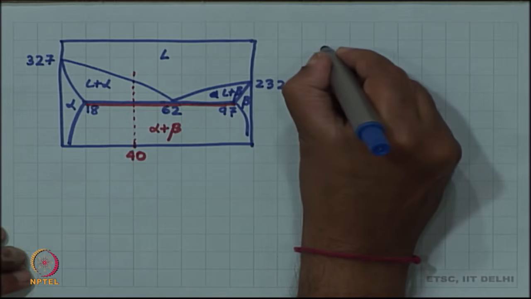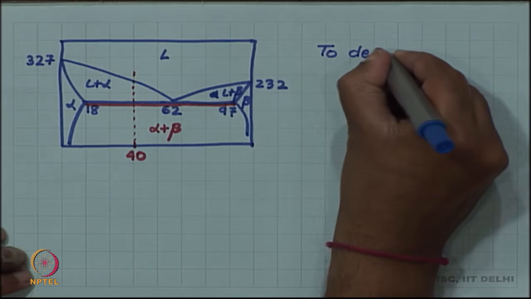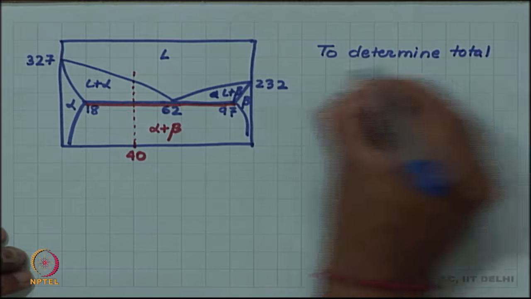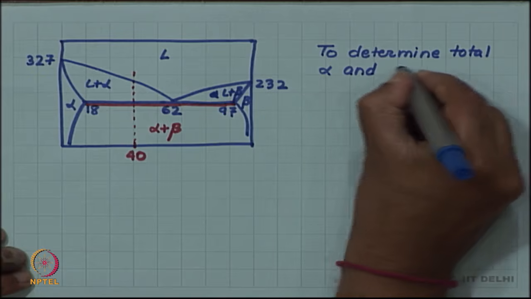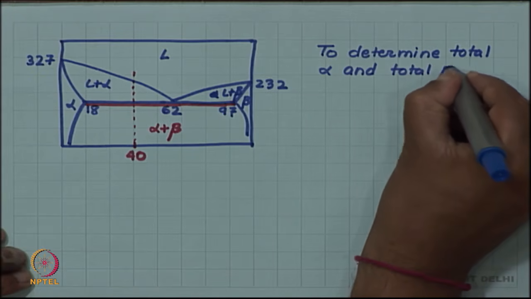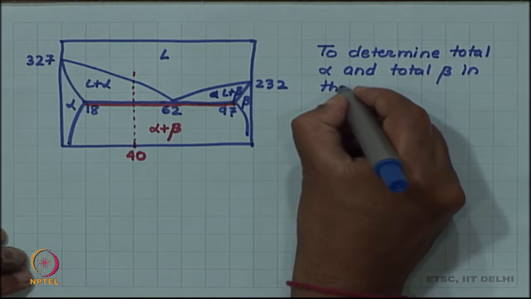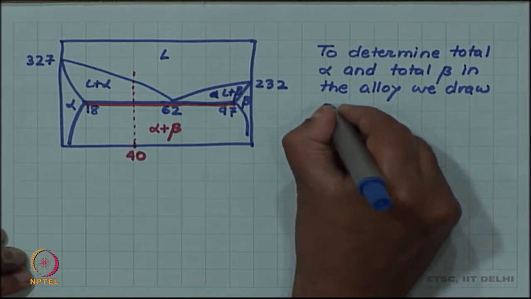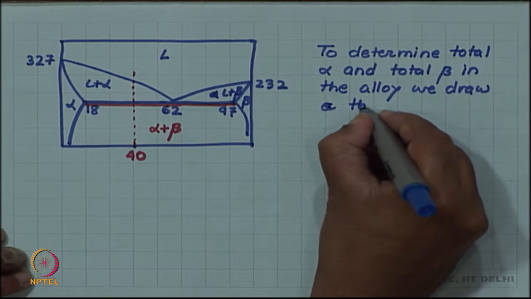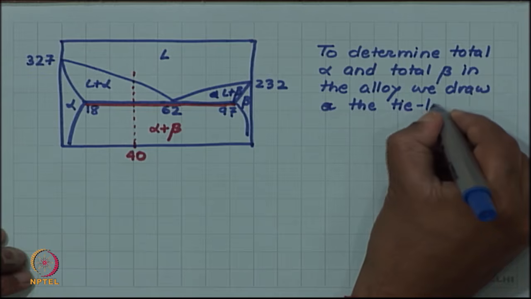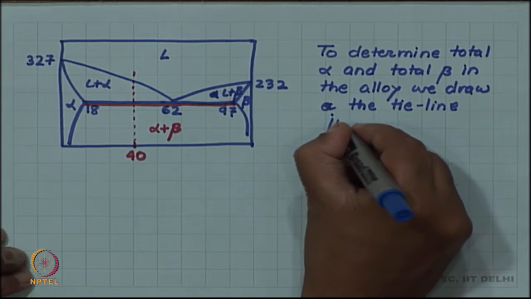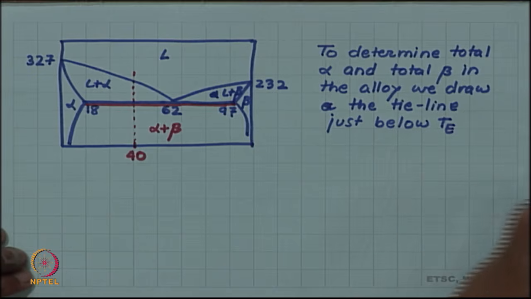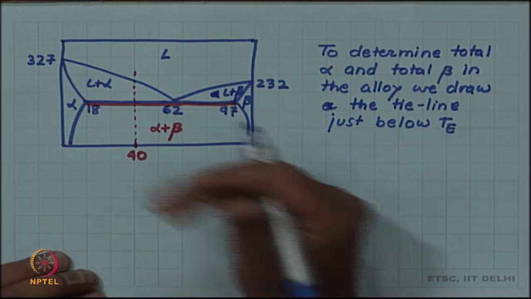So, to determine total alpha in the alloy, we draw the tie line just below Te. Remember, when we wanted the microconstituents, we drew the tie line just above Te.